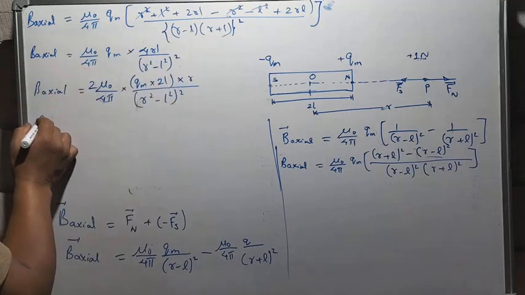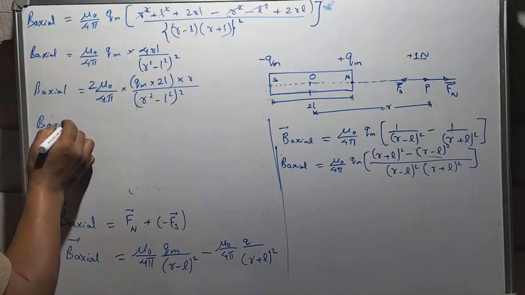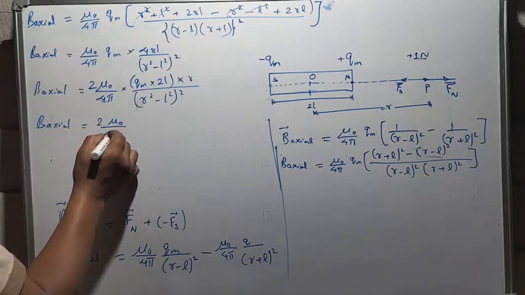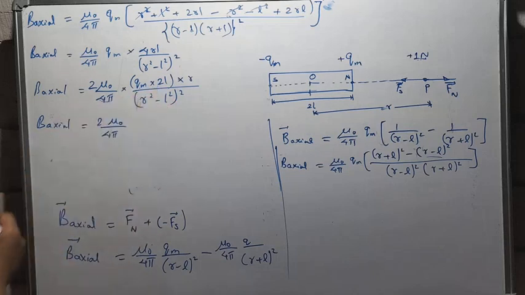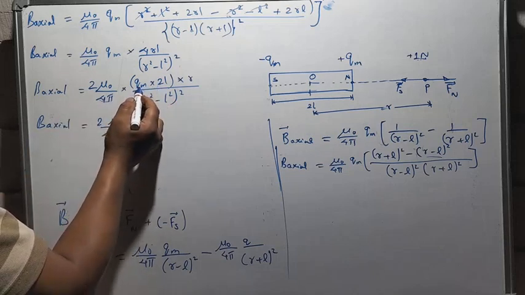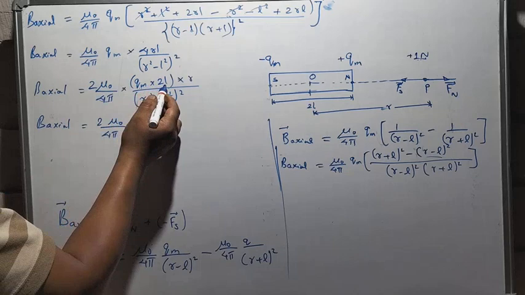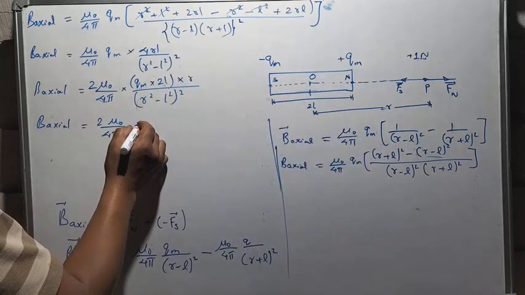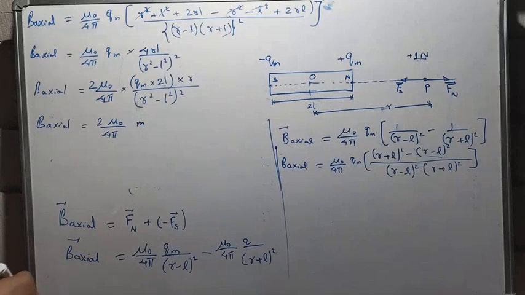So why am I writing like this? I'm writing like this because there is a meaning: in place of qm times 2l, the product of any charge and the distance between them is the magnetic dipole moment, and for that we usually use the letter small m.